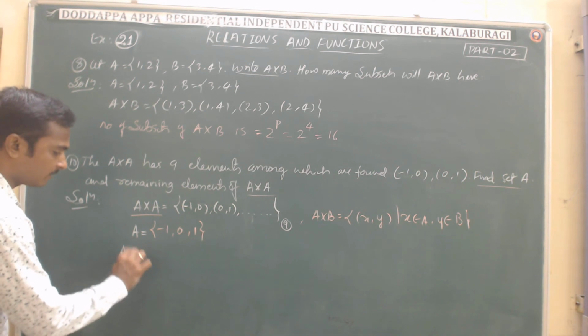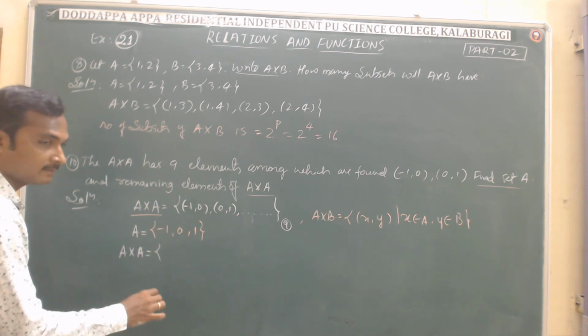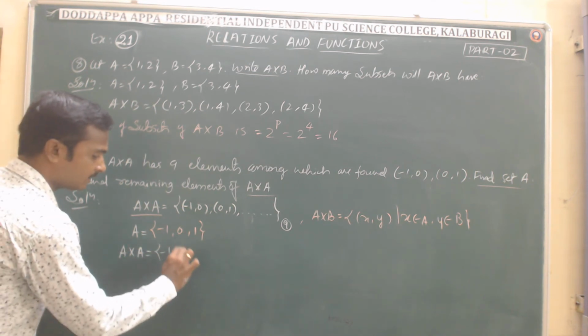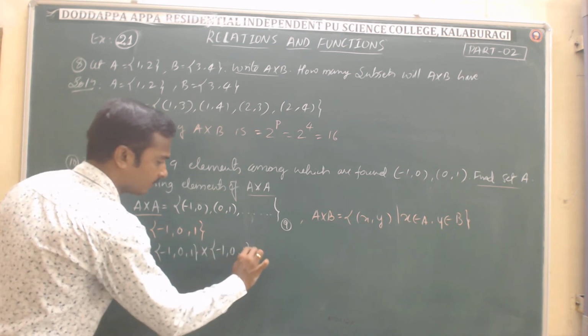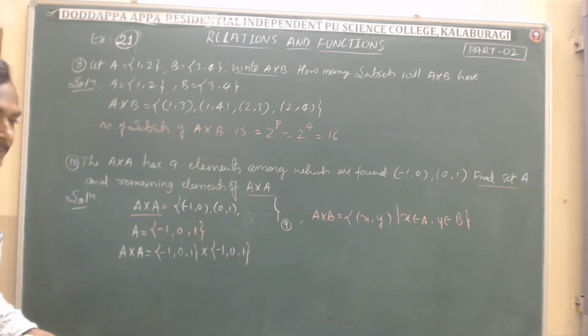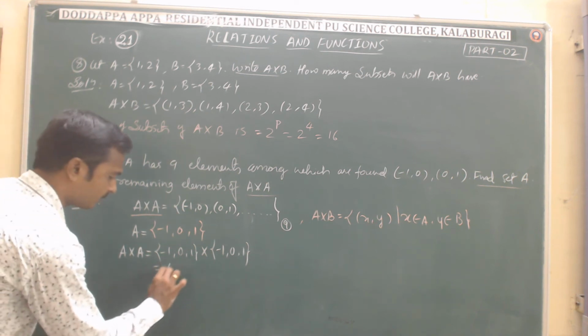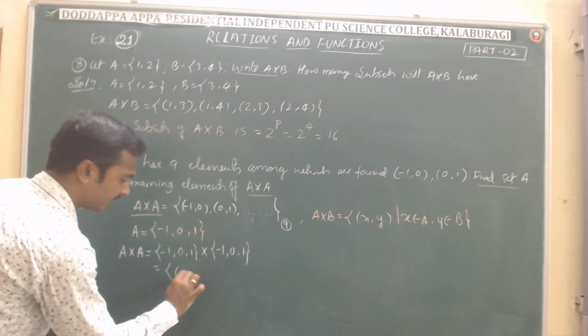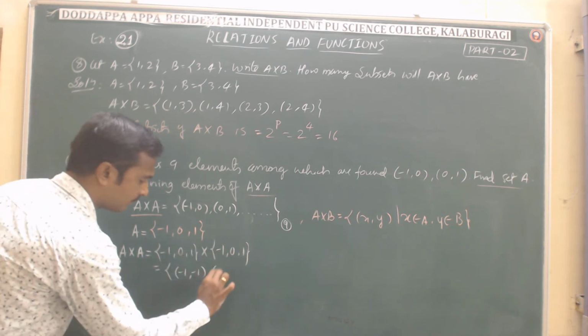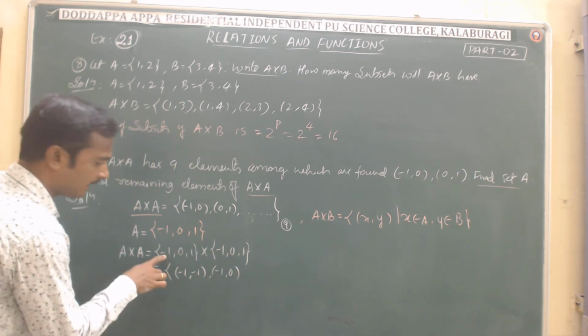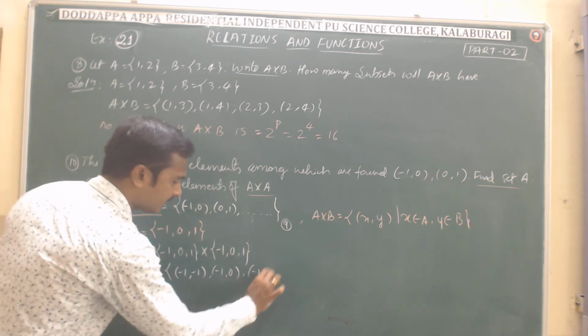So the Cartesian product A cross A is minus 1, 0, 1 taken Cartesian product with minus 1, 0, and 1. So what is the Cartesian product? Minus 1 relates minus 1, minus 1 relates 0, minus 1 relates 1.